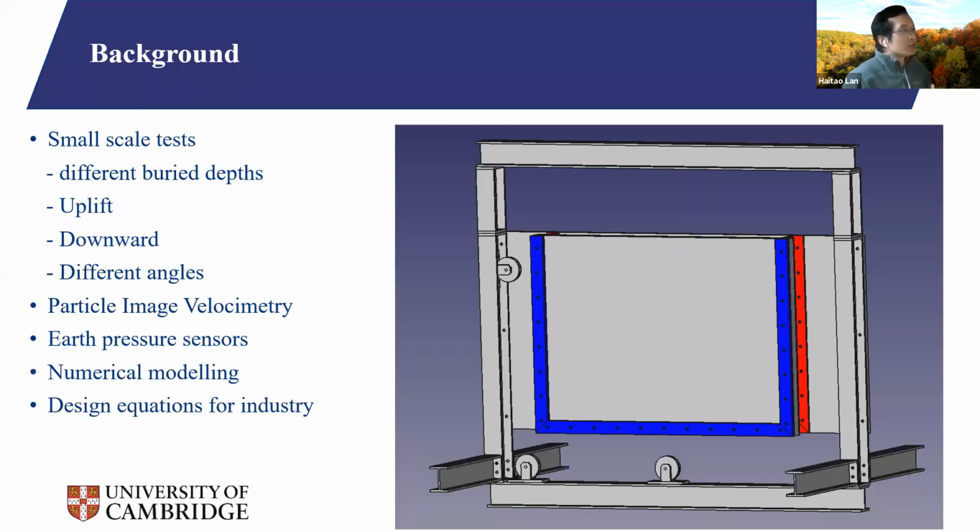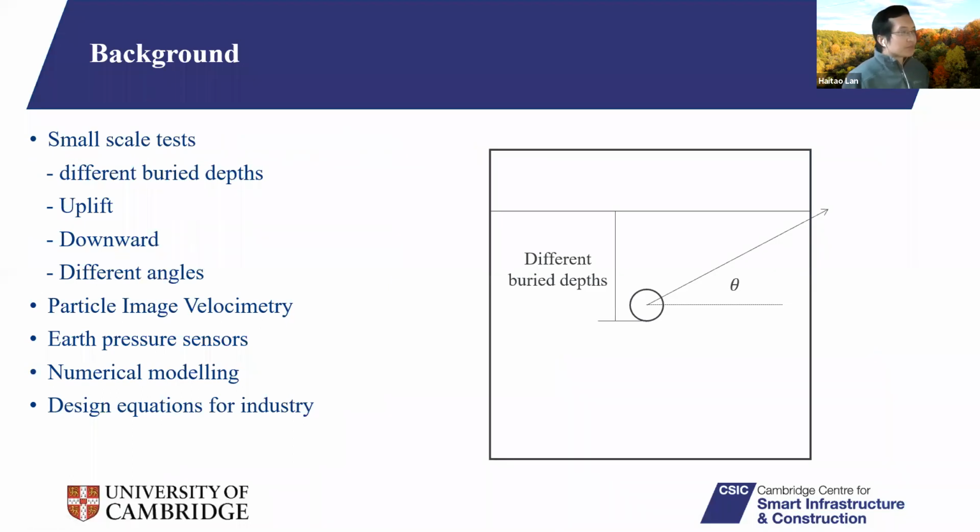And the facility we use is a small scale facility, 1 meter by 1 meter and 0.1 meters deep. And in front, there's a window, so we can take pictures like we did in the previous topic. So we can move the pipe in different directions, and we can measure the forces during this pipe movement.